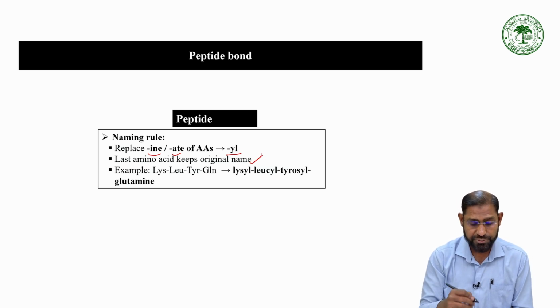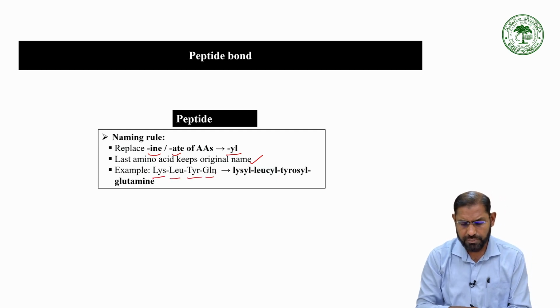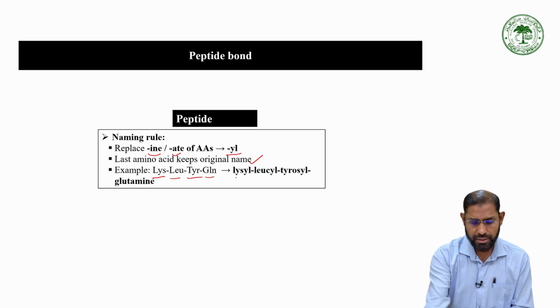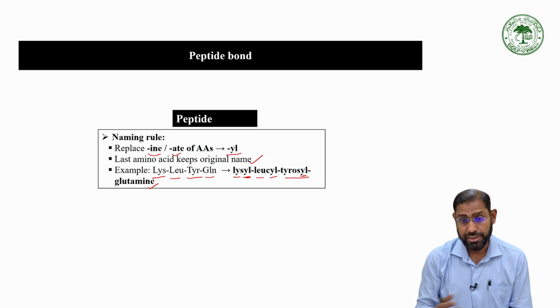Suppose we have four amino acids: lysine, leucine, tyrosine, and glutamine. Lysine becomes lysyl, leucine becomes leucyl, tyrosine becomes tyrosyl, and glutamine remains the same. This is called lysyl-leucyl-tyrosyl-glutamine.